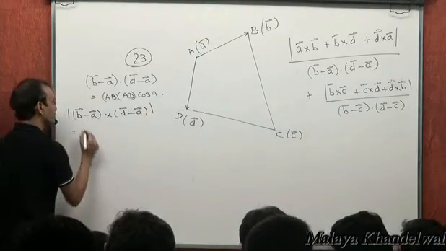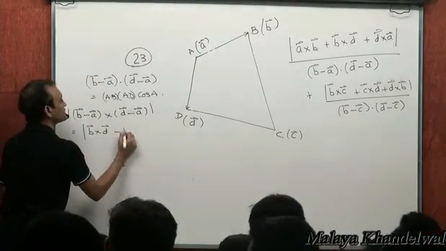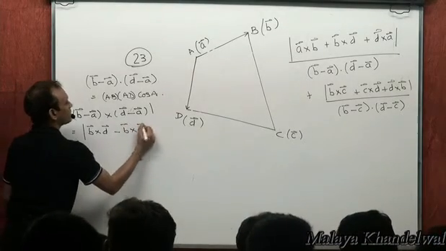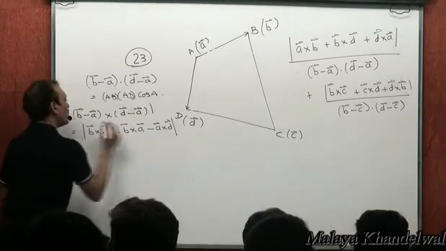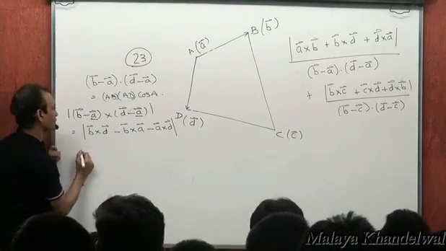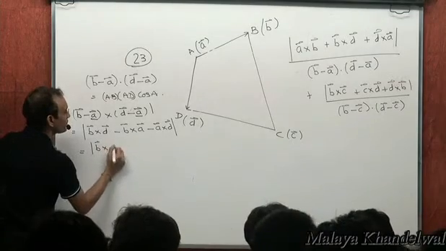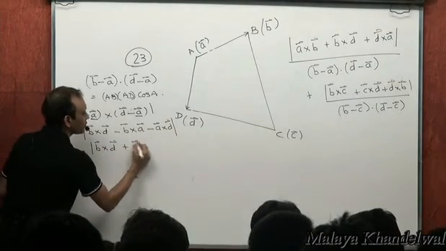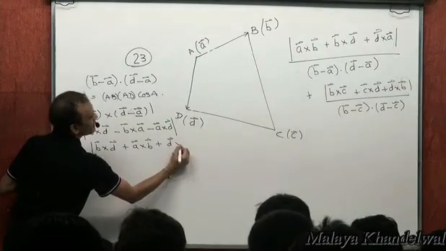Magnitude of the cross product of this is going to be mod of B cross D minus B cross A minus A cross D. Yes or no? Why? Because A cross A is 0. This is like a mod of B cross D plus A cross B plus D cross A. Yay!